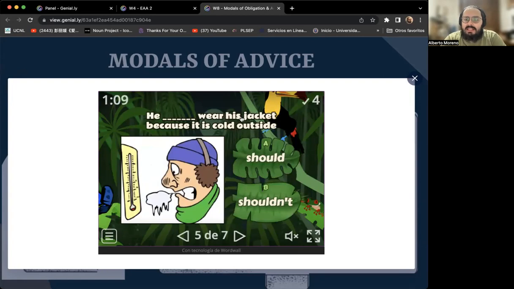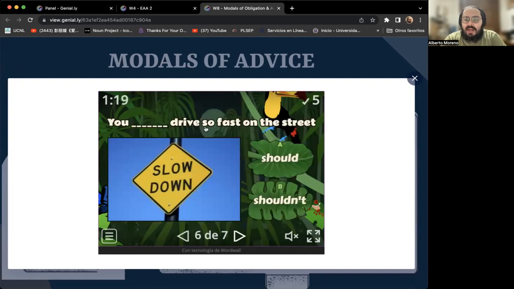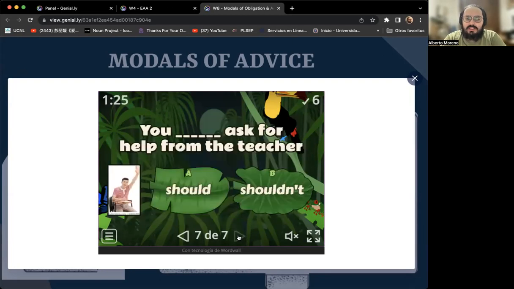He wear his jacket because it is cold outside. Should. Very good. You drive so fast on the street. Shouldn't. Very good. You ask for help from the teacher. Should or shouldn't? Should. You should. Very good.